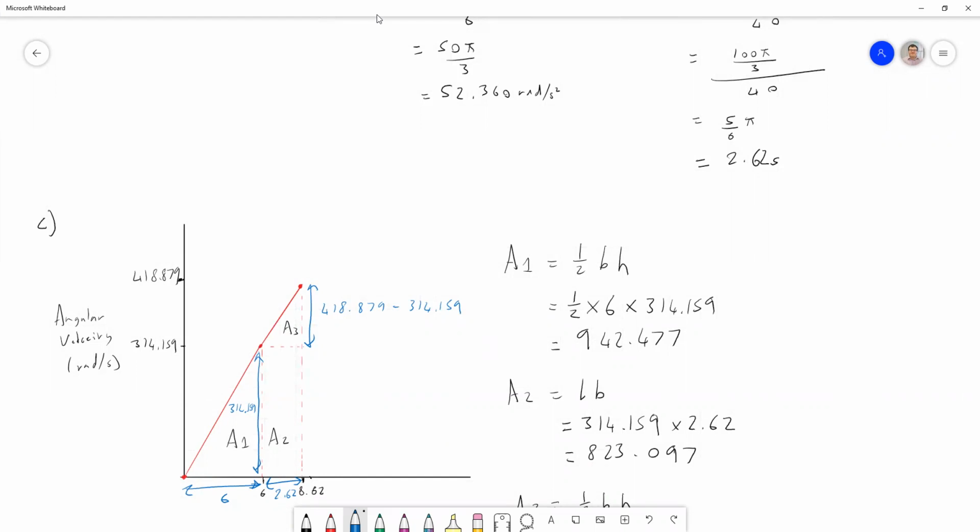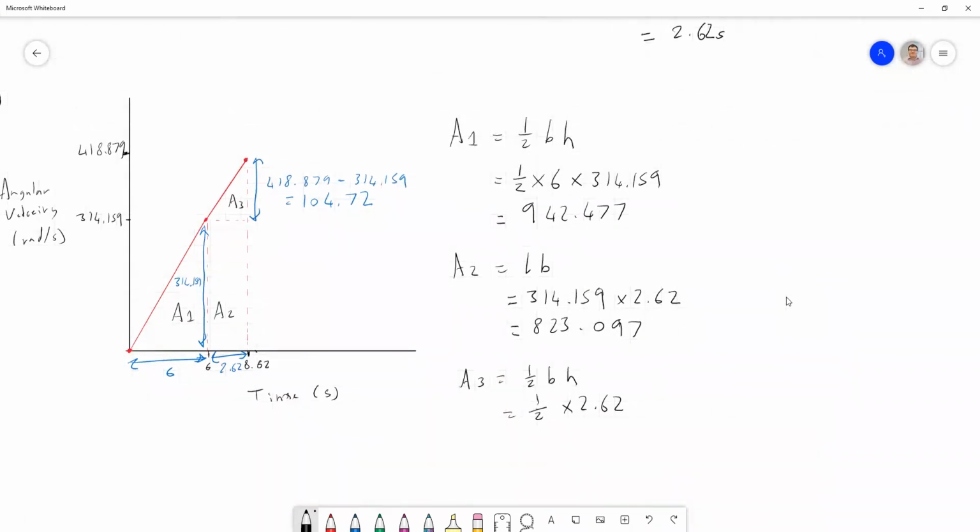So 418.879 minus 314.159. And that gives us an answer of 104.72. So that's the height for our final shape under our graph.